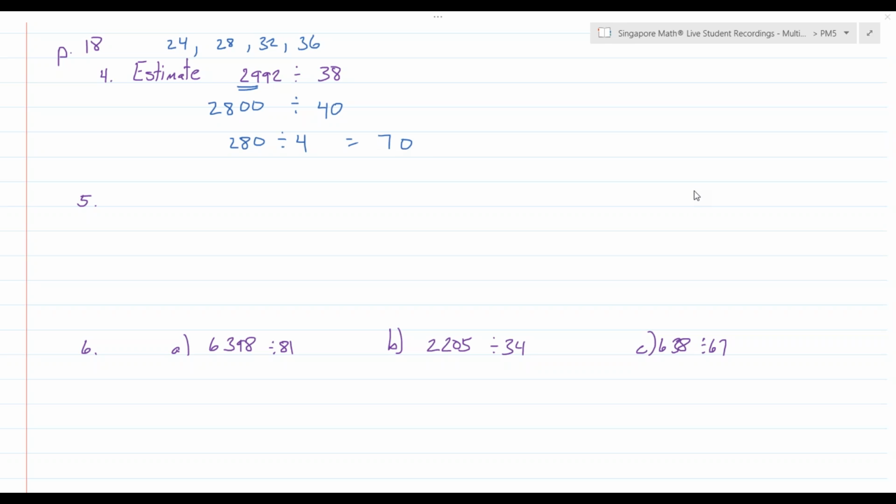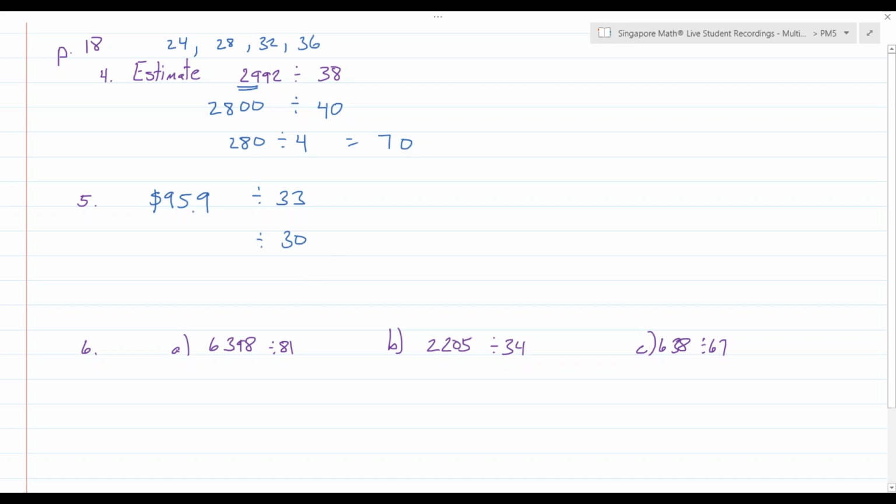Number 5 is a word problem. We're told that Maria paid $959 and she received 33 copies of a software. And we want to have a quick estimate for how much she paid for each. The number that she actually paid is 959 divided by the 33 copies she received. In order to do an estimate, let's take the 33 and make it a 30.